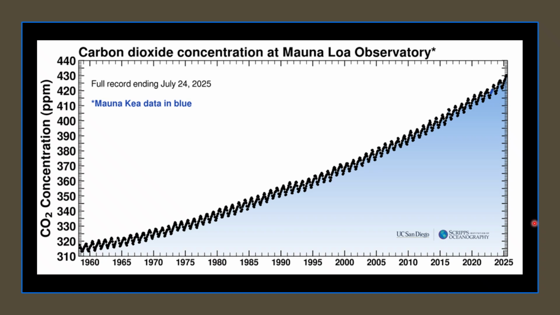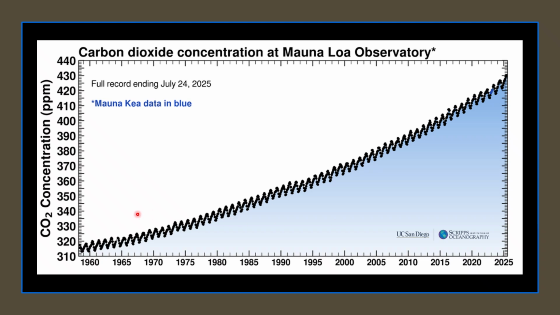As you can see here, you can click on the slide and it will take you to the Scripps Oceanography website that allows you to look a little bit more at this data. This has been taken for the last 65 years.